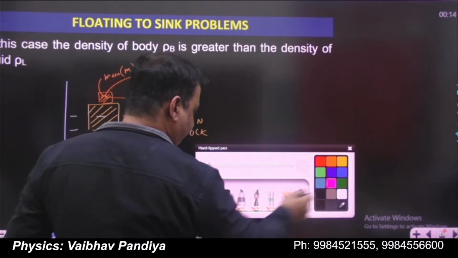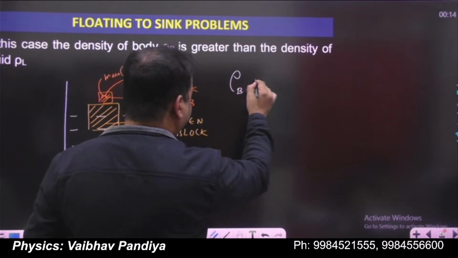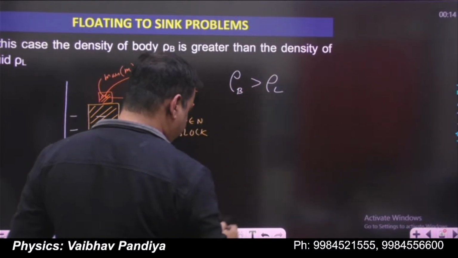So of course the density of iron, that is the density of the body in this case, is greater than the density of the liquid.